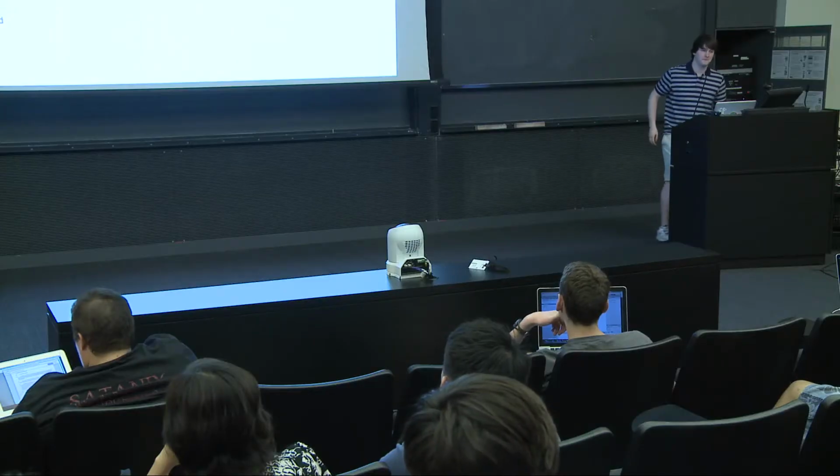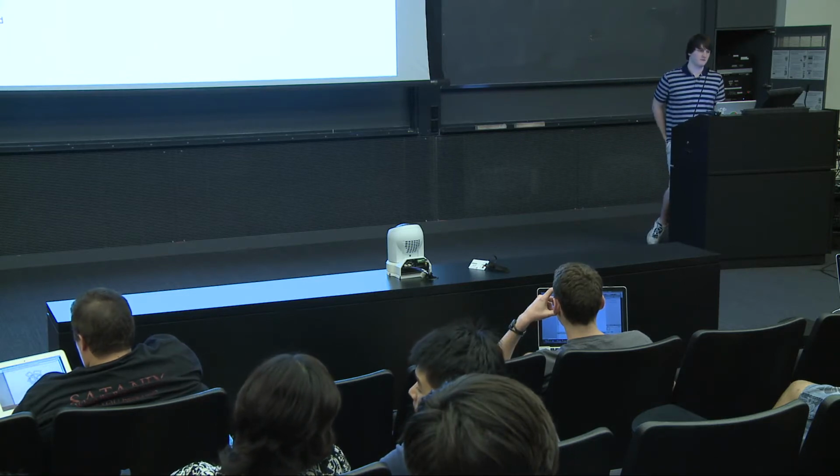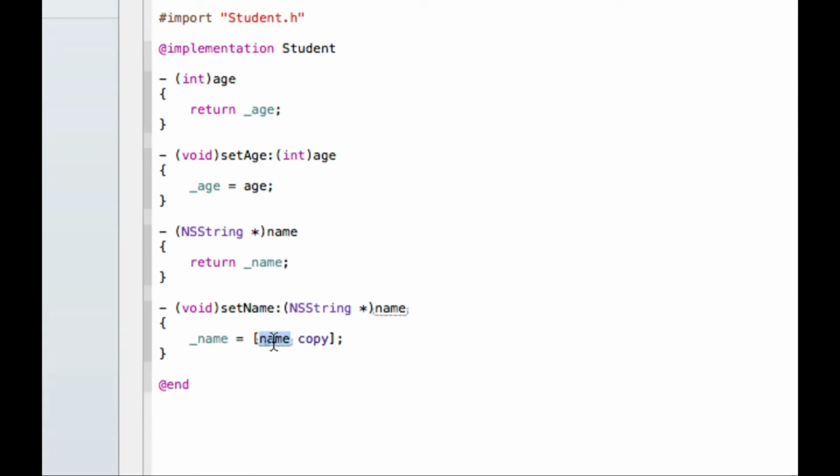Yeah. Well, because it's an object, you'd be modifying the pointer to that object, so you'd be modifying the initial object. Yeah, so actually, if we did not make a copy of the name, it isn't a threat that we are going to modify that NS string, since we don't have any methods for modifying that NS string. I guess if we went around the proper method protocol, we would be doing things.